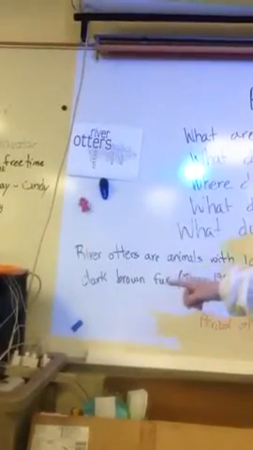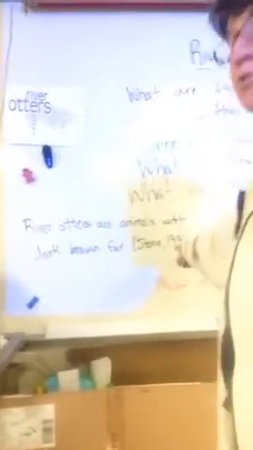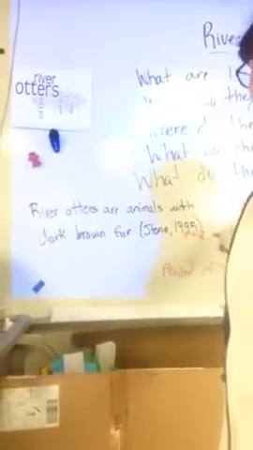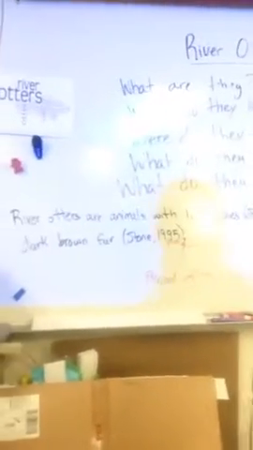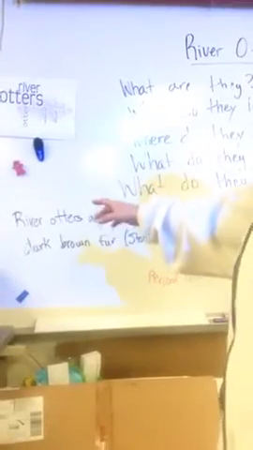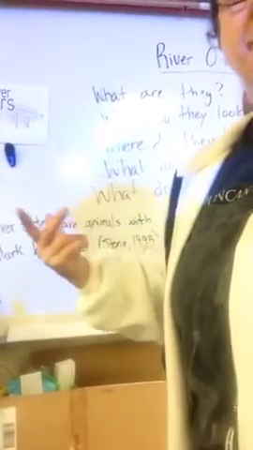And short dark brown fur, and then Stone 1995, because that's where that information came from. The period goes at the end, after the parentheses. So you can use this first sentence and then go on from there.